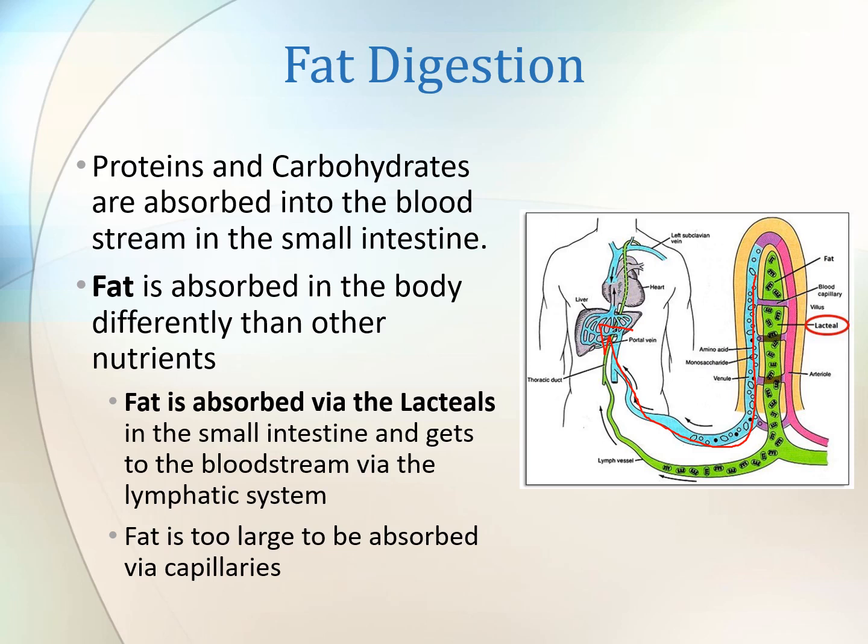But what happens with the fat is the fat molecules are too large, so they go through this large lacteal that's in the intestine, and it's going to go through the lymphatic system first and go back to the heart that way. Okay, so fat does not go through the liver first, it goes straight back to the heart.